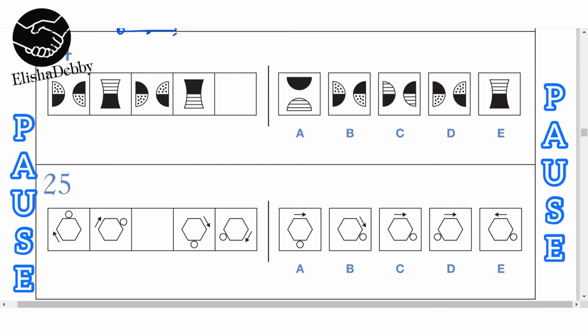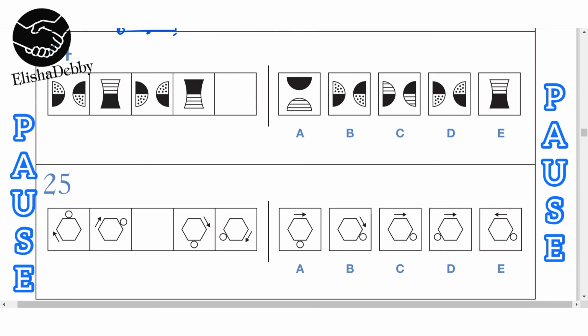The shape, the side, the number of shapes, the angle, the position, the size, and the shading. Those are the elements you need to take one at a time, and then you use the process of elimination.